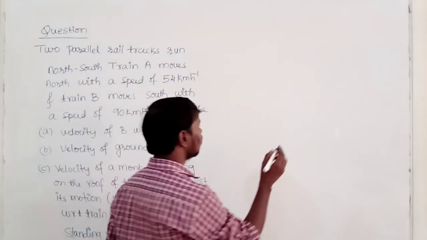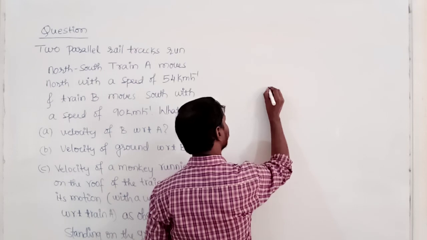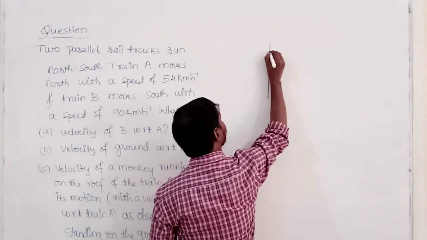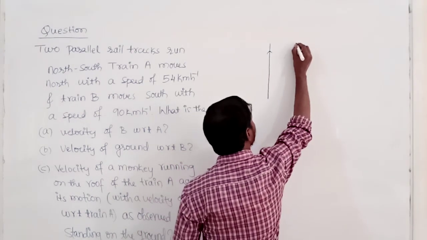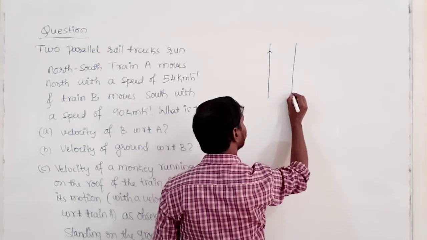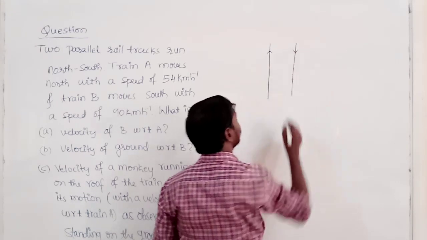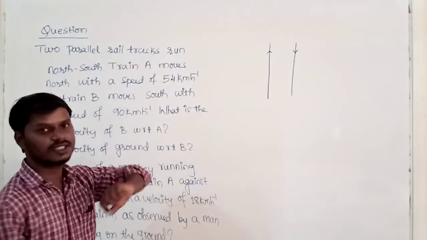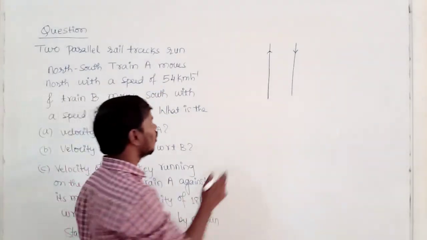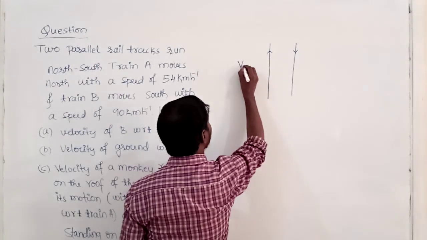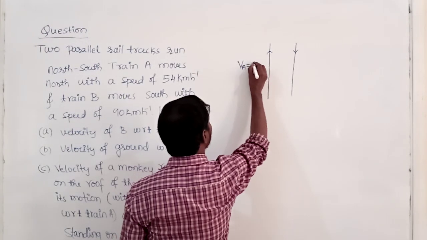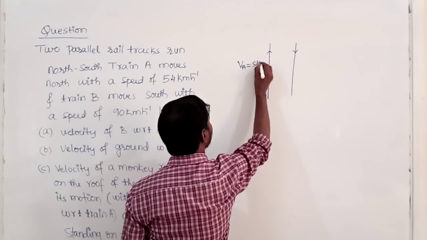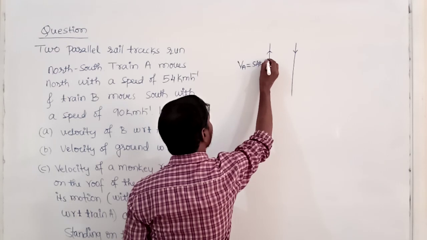So already you know what the directions are. This is north and this is south. In the north direction, which train is moving? Train A, with what speed? 54 km per hour, in the north direction.